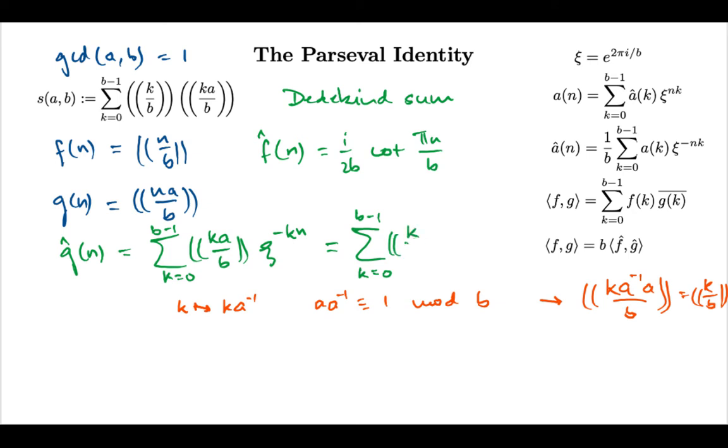And so now multiplying through by a inverse, as we just saw, has the effect that here I see just a sawtooth function of k over b, and then I am seeing the a inverse over here because I used to just have a k here. So now I can think of this variable as replaced by a inverse n, and then you can see the Fourier transform of the sawtooth function as above. So that means this Fourier transform is the cotangent again, but my variable is not an n, it's an a inverse n.